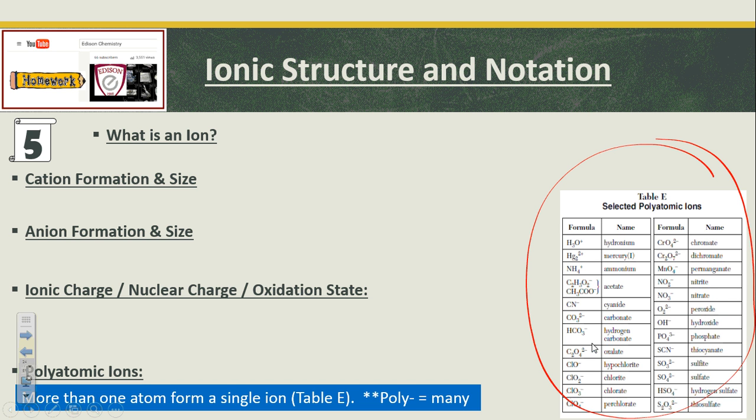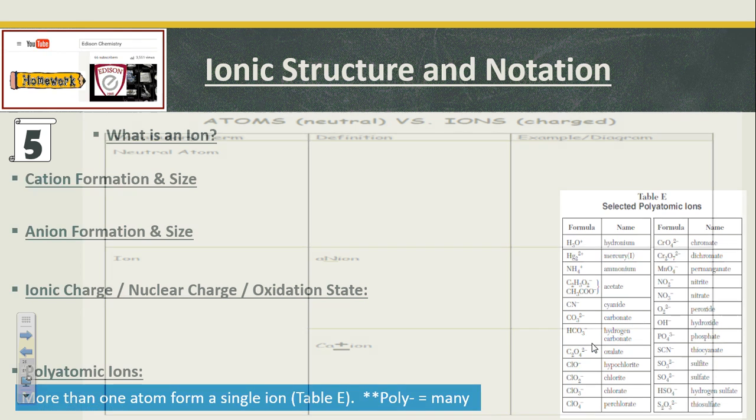So, for example, hydronium, H3O+, means there are 3 hydrogens and 1 oxygen all chemically bonded together, and collectively they've lost an electron, because it's got a positive charge on it there. So let's just erase that. We're going to do a lot more with polyatomics in the future, but for now, all you need to know is that poly means many atoms that make together an ion. And you just need to know that Table E is where they all are.